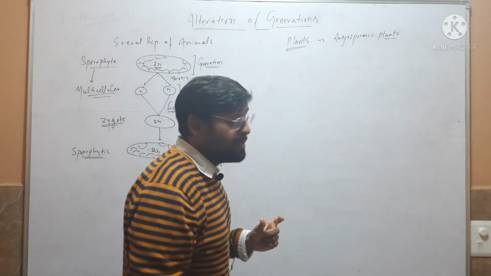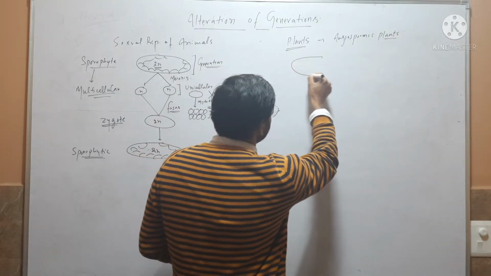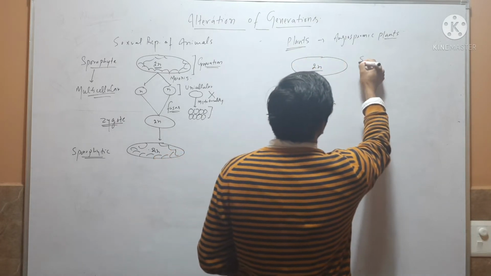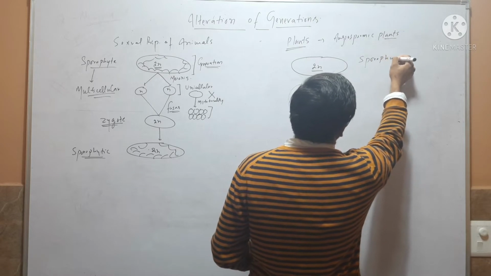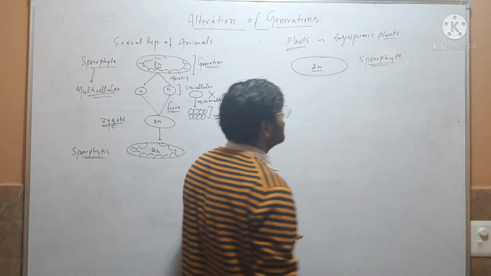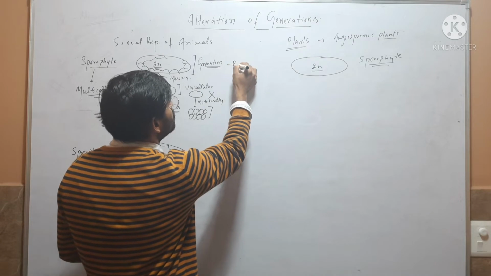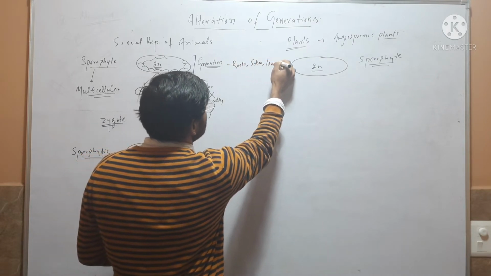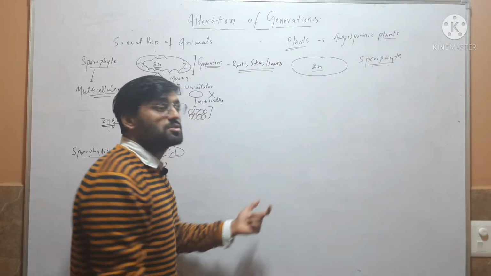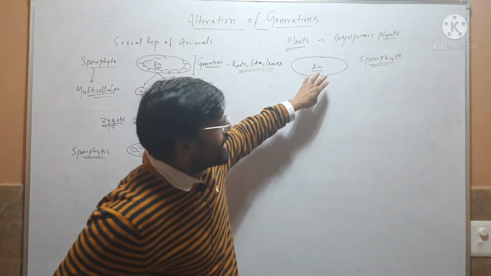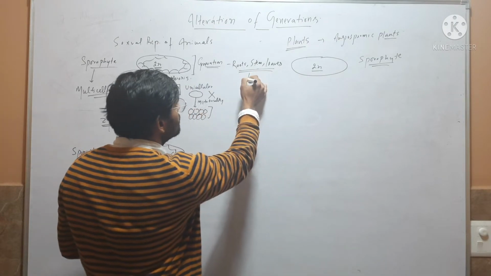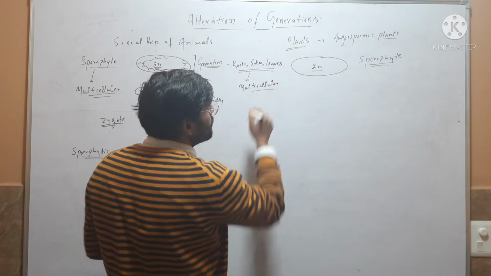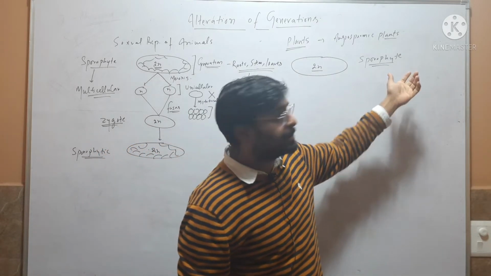The main body is 2n and is called the sporophyte. The sporophyte of a plant consists of root, stem and leaves. The main body is 2n and multicellular, so it is called the sporophyte.